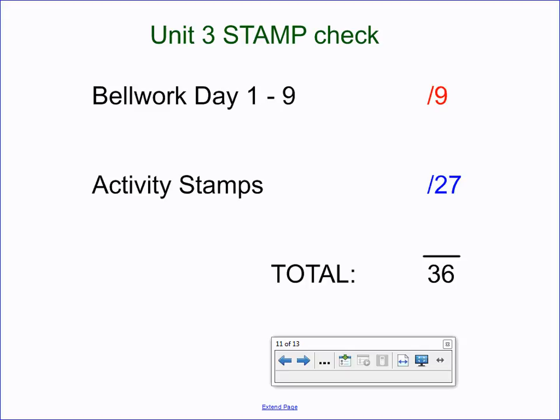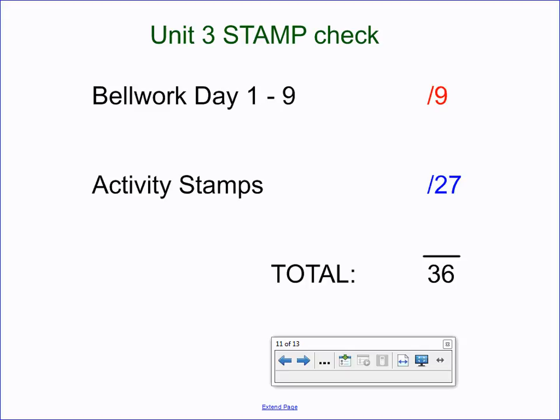Guys, for our stamp check, we've got Bellwork day 1 through day 9 in Unit 3 for a total of 9 red marks, except for Scott's blue mark that I just gave mistakenly right now. We'll count that as a red mark. Then our activity stamps start at the very beginning. So I'll go ahead and pull over that graphic and show you what that looks like. Our activity stamps began back with our instantaneous versus average rate of change.